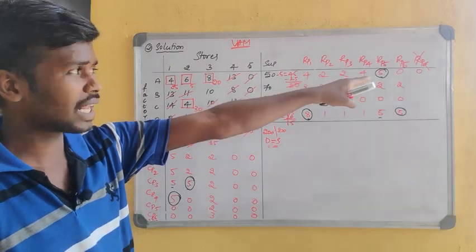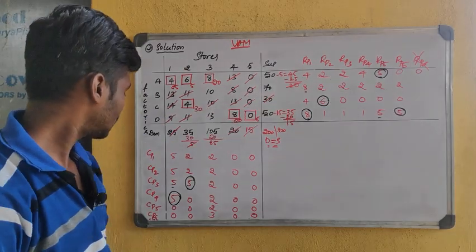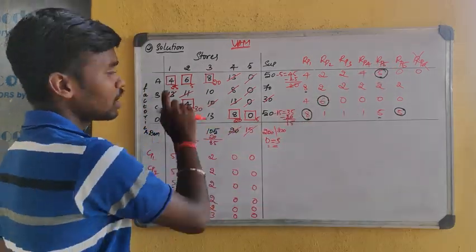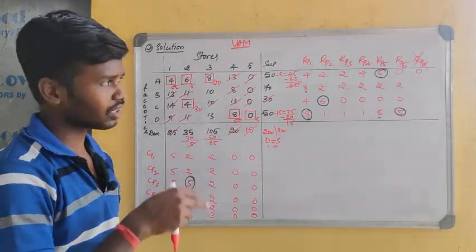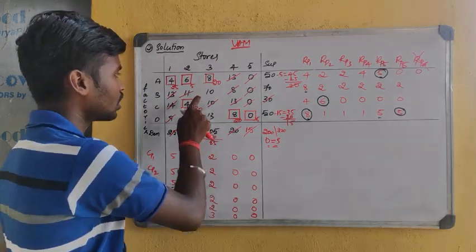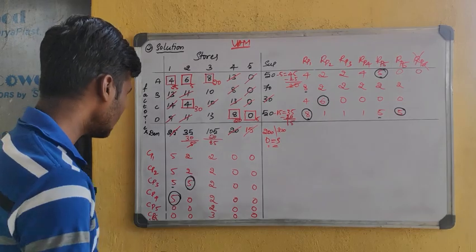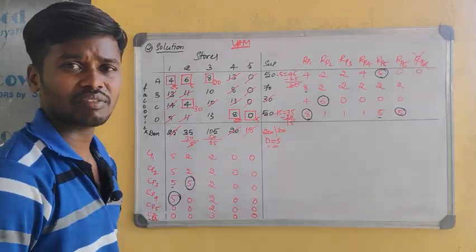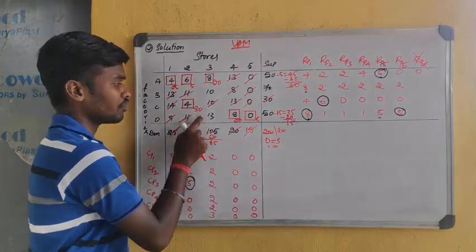It is not required to calculate because there is only one number left. In order to calculate the row penalty or column penalty, we need two numbers, that is first least number and second least number. Here there is only one number, so it is not possible to calculate the row penalty and column penalty 7. Okay, so ultimately you have the two numbers finally.